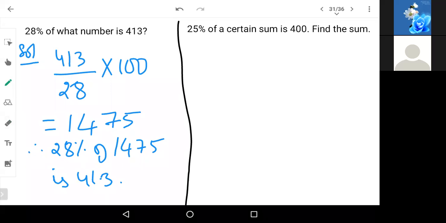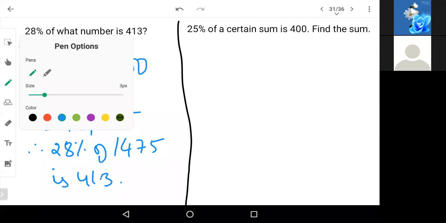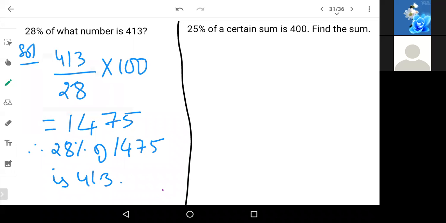Okay. Now, moving on to the next question. 25% of a certain sum is 400. Find the sum. So 25% of a certain number is 400. Very good, correct answer.